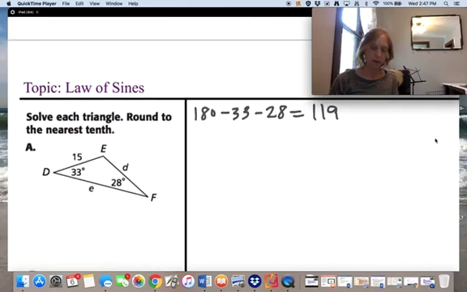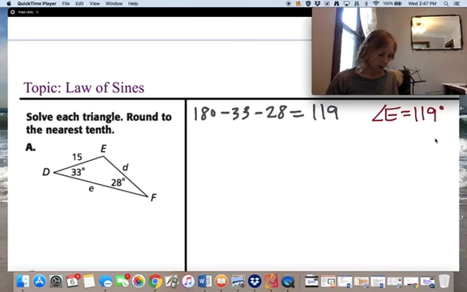So that's what our angle E is. I'm going to keep a list over on the right-hand side of everything that we find, and then that will be our answer when we're all done. So angle E is 119 degrees.